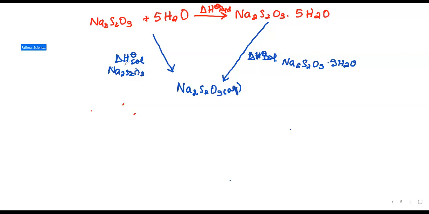Now, what I can do over here is that I can then use these values to calculate the enthalpy change of the reaction, because I have the enthalpy change of the solution, right? And I have the enthalpy of solution for the crystal as well. So I can use the enthalpy change of solution of the salt and of the crystal, and I can add and subtract them as needed, depending upon what diagram you're making. Depending upon that, you can calculate the enthalpy change of hydration.